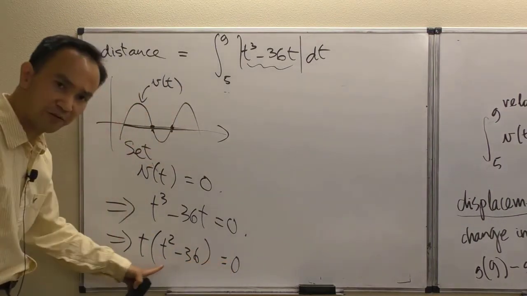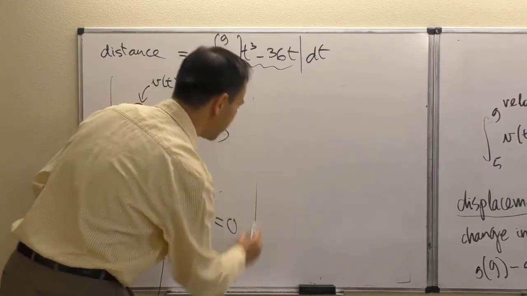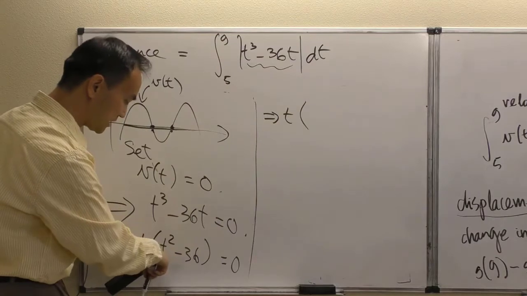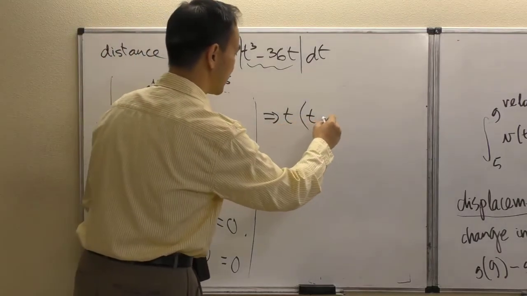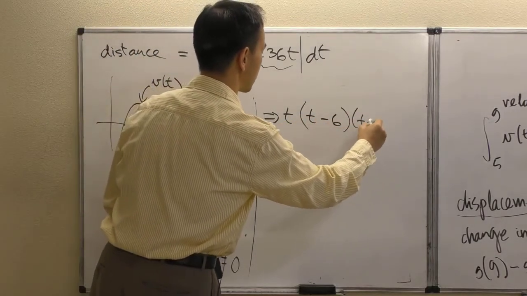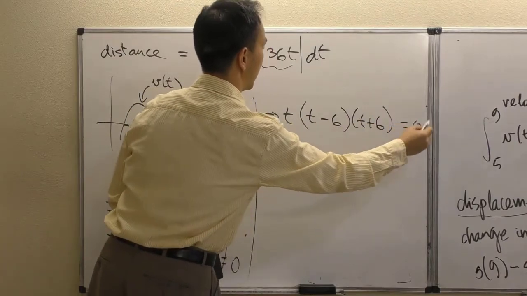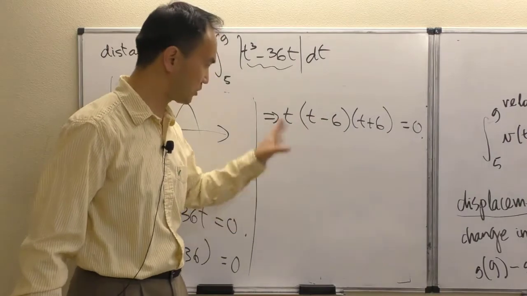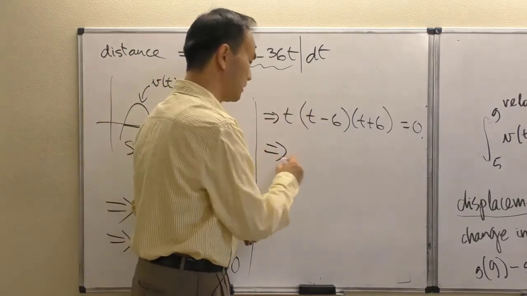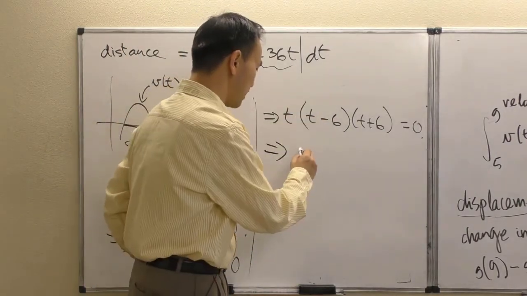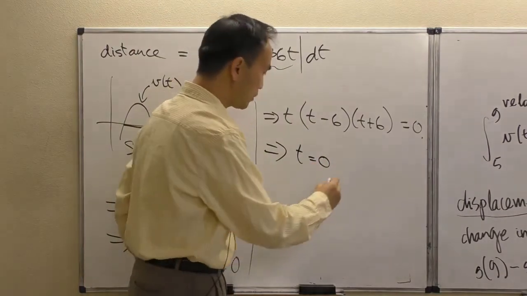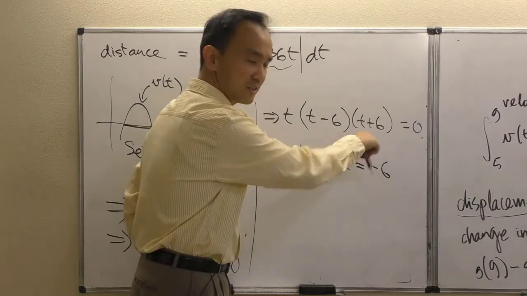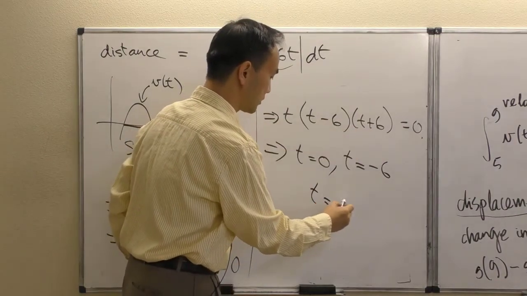We can factor even further: t squared minus 36 factors as (t minus 6) times (t plus 6). So now we're looking at a complete factored form of the left-hand side. Solving this equation gives three solutions: t equals 0, t equals negative 6, and t equals 6.